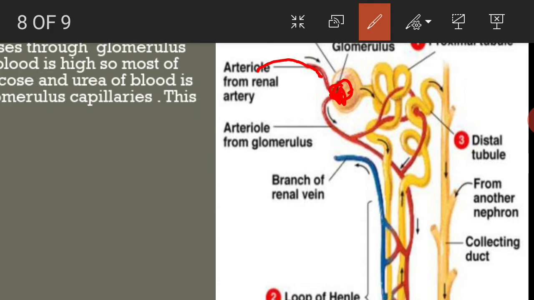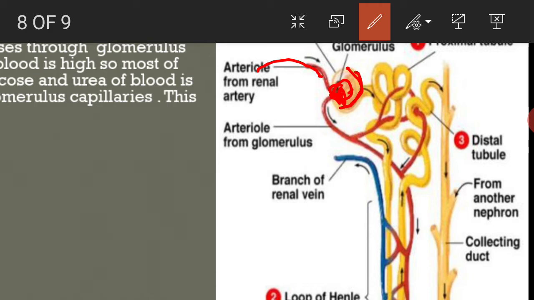The pressure of blood is very high, and most of the water, salt, glucose, and urea of the blood is forced out of the glomerular capillaries. This material passes into the Bowman capsule, and is now called glomerular filtrate, because it is filtered through the glomerulus.